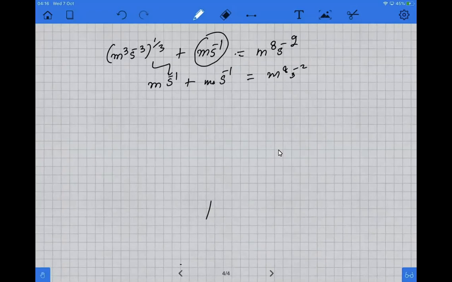So it is non-homogeneous. Since the base units are not equal, if the base units of all the terms are not equal, then the equation is non-homogeneous.